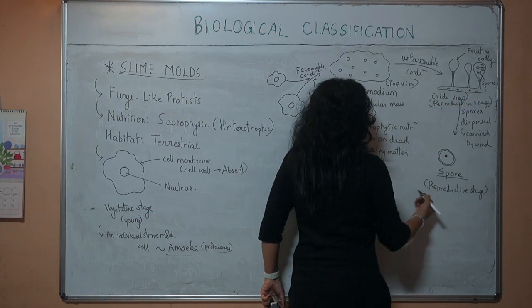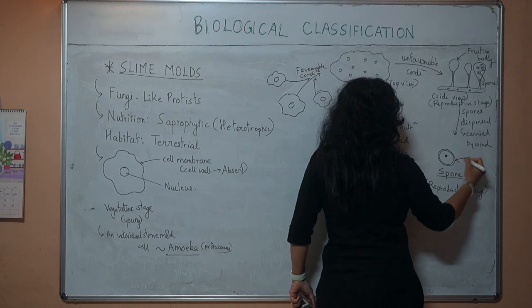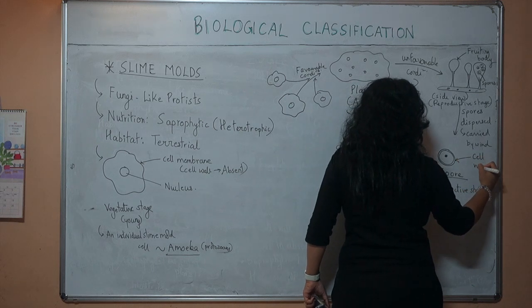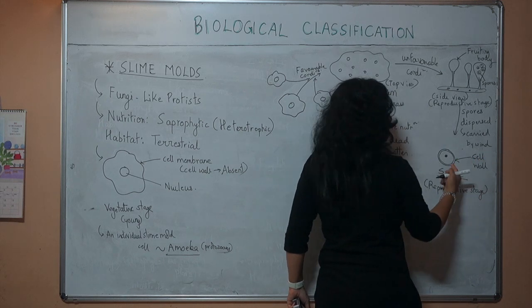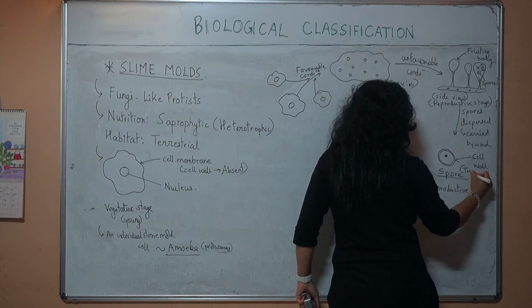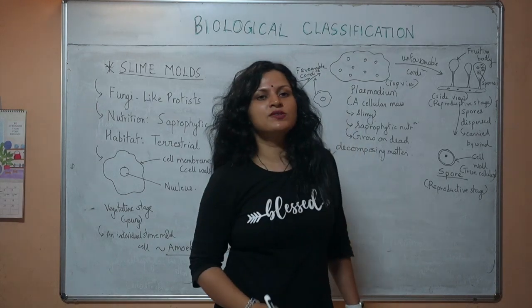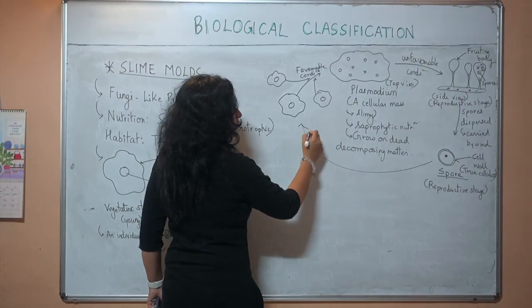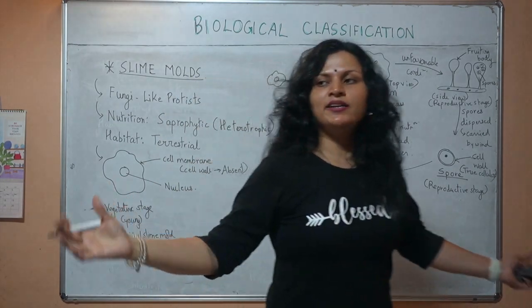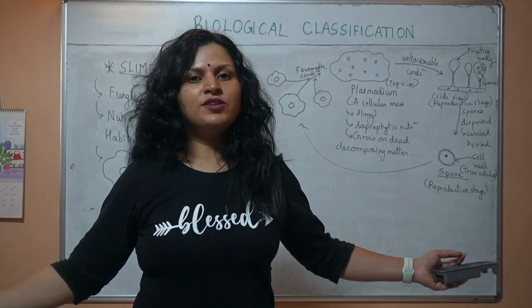What you will see during the reproductive stage is an outer cell wall, which is truly cellulosic in nature. And then these spores will be carried by wind, and they will settle down in different places.